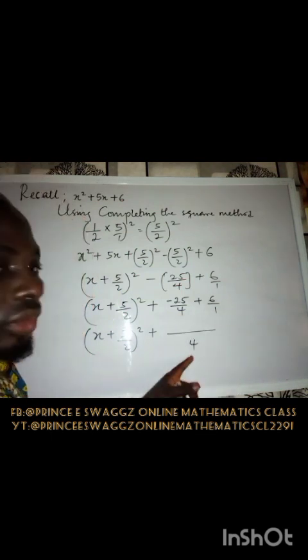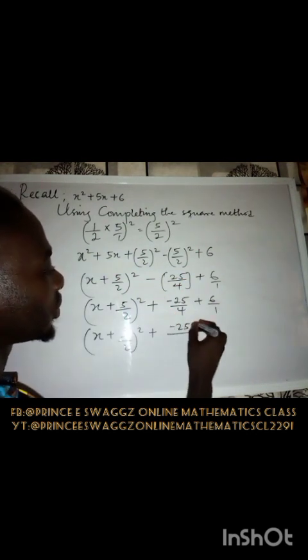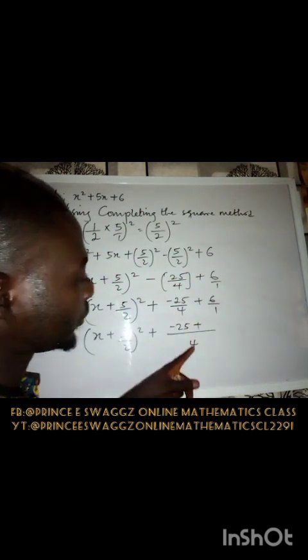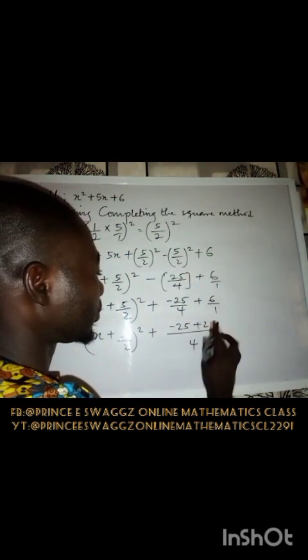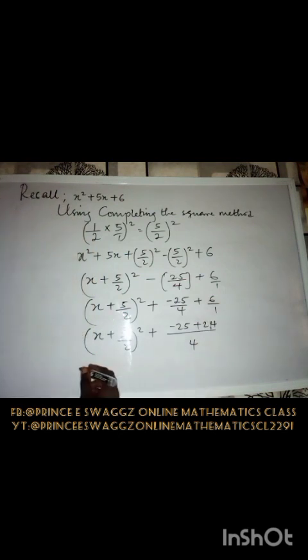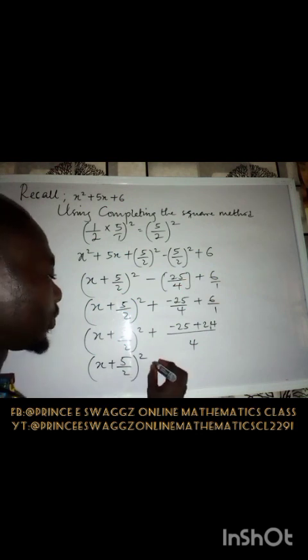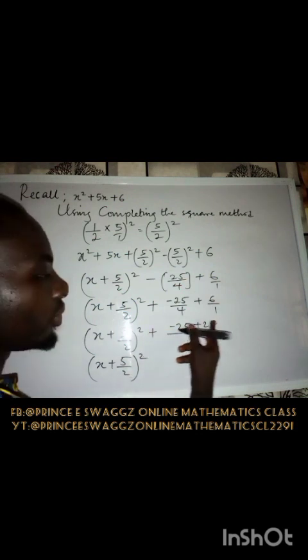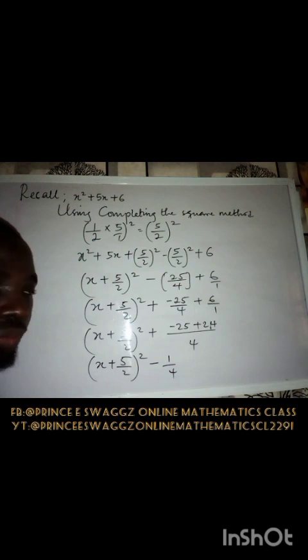That's 4. 4 divided by 4, that's 1. 1 times minus 25, minus 25, plus 4 divided by 1, that's 4. 4 times 6, that's 24. So I then have x plus 5 over 2 all squared, then minus 25 plus 24, that's minus 1, over 4, that is minus 1 over 4.